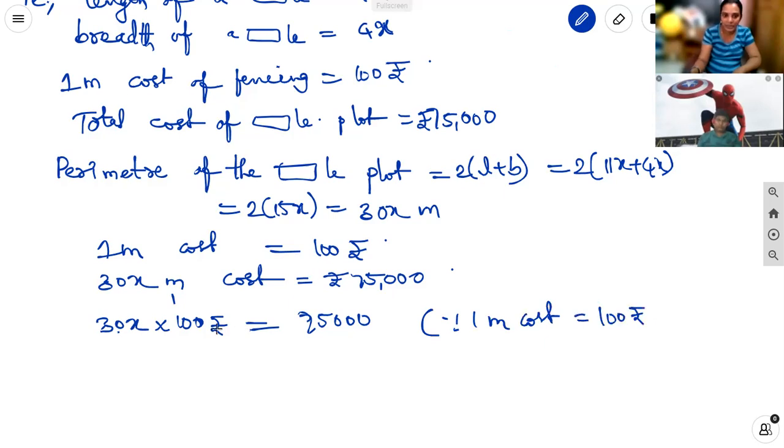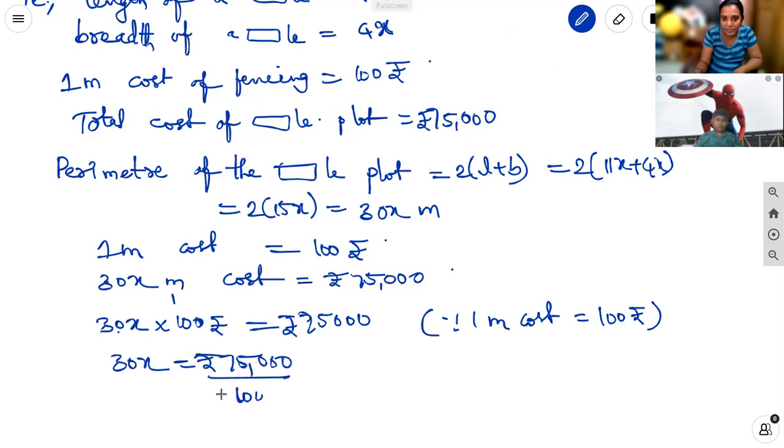So the meters can be converted into cost. It becomes 30x into 100 rupees equal to 75,000 rupees. So 30x equal to 75,000 rupees by 100 rupees. Rupees cancel, 2 zeros cancel, 750.